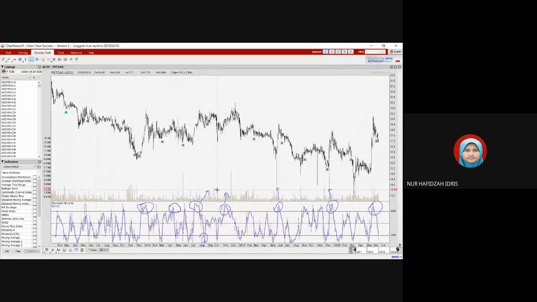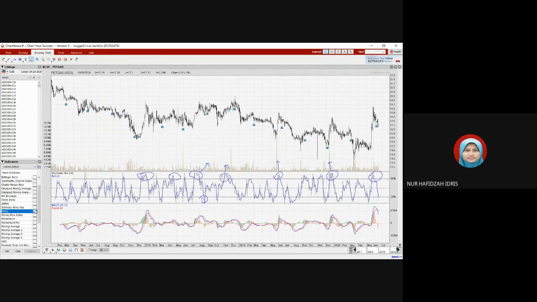RSI, moving average. So bila you nak buat report nanti, you kata, okay, yang ni kita pakai stochastic. On this date, dia menunjukkan dia adalah overbought. So overbought, it is a right time for a trader untuk sell the share. And then you cuba tengok pula dengan MACD.